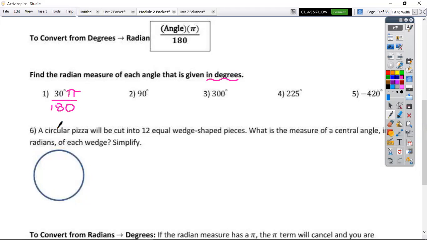Now, in the calculator, please do not type the pi. What you're going to do instead is, can you guys do 30 divided by 180, math, enter, enter. And what do we get? Yep, pi over 6. Excellent. So this answer is equivalent to pi over 6.